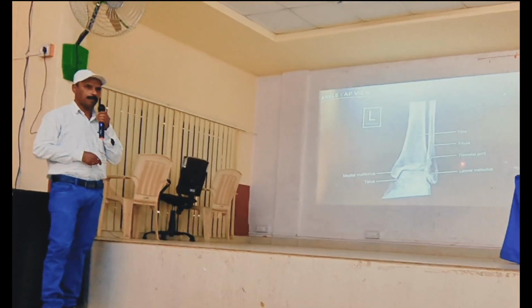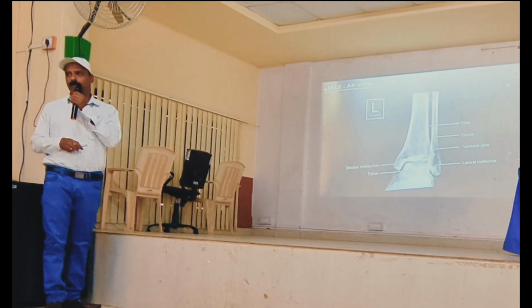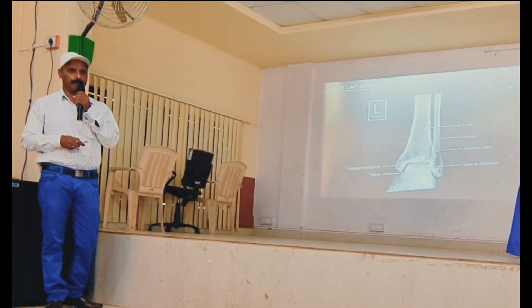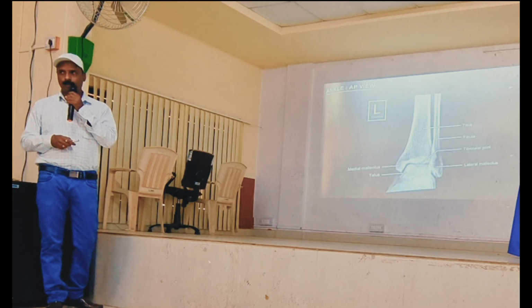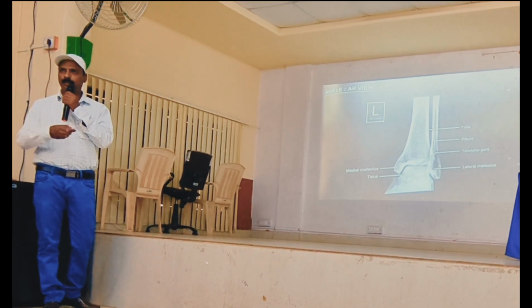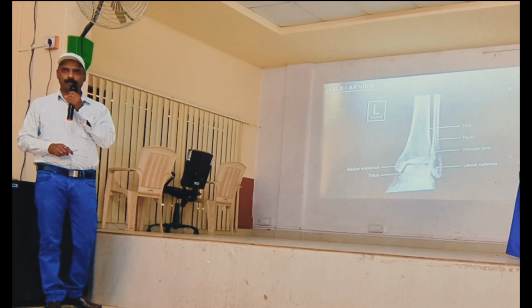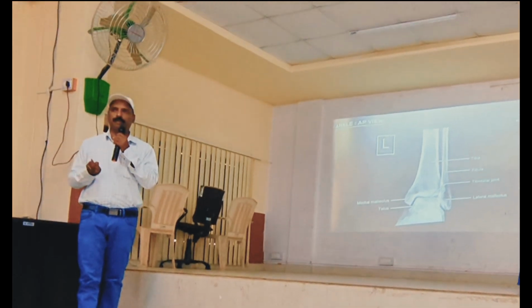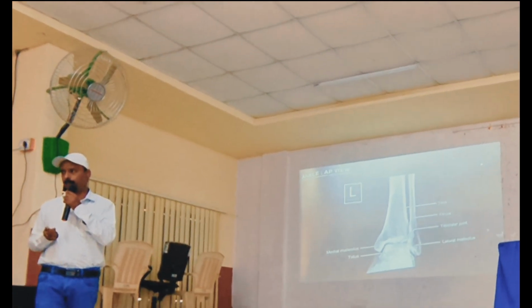The ankle joint is very important. The commonest clinical conditions are sprains and strains of the ankle. You will not see any pathological changes in a plain X-ray when dealing with sprains and strains of the ankle joint.